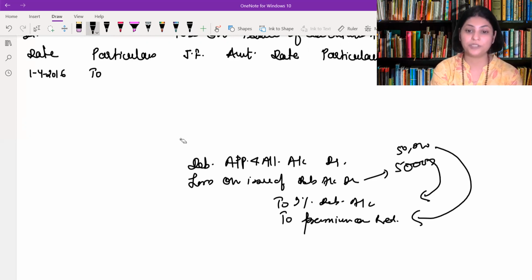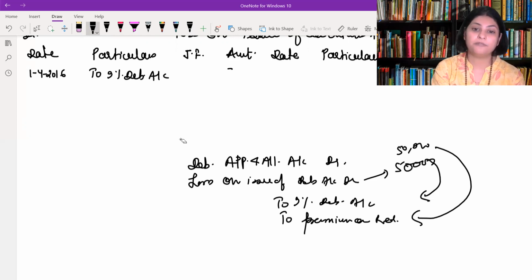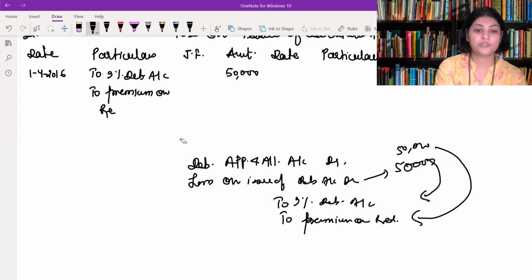I will write over here 'To 9% debenture account', and the amount will be 50,000 rupees. And one more thing I'm going to write, which belongs to the premium on redemption of debentures.